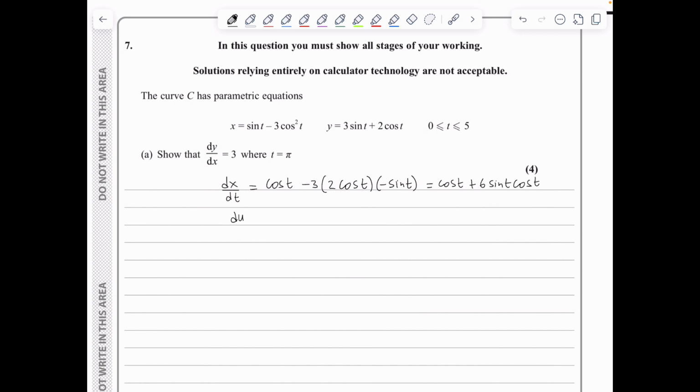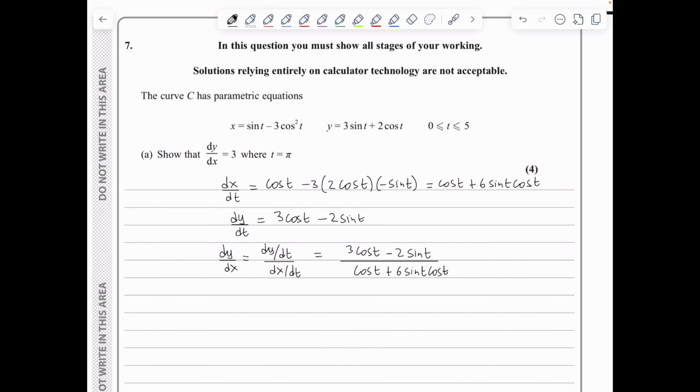And then for dy/dt, we will proceed by differentiating 3 sine t to give me 3 cos t, and the derivative of 2 cos t is minus 2 sine t. Well, we know that dy/dx is given by dy/dt over dx/dt. So in our case, we are looking at 3 cos t minus 2 sine t over cos t plus 6 sine t cos t.